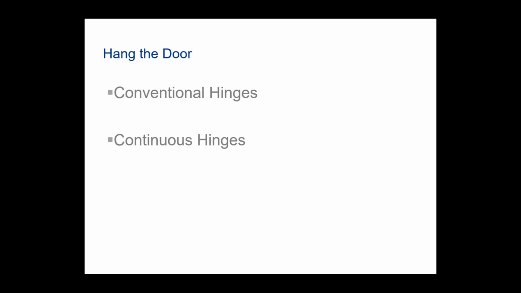So if you have a door that is heavy, such as a lead line door, maybe a 5-foot leaf that's hollow metal, that's 10 foot tall, you might want to think about using a continuous hinge or even pivots. Pivots allow you to put the load at the very bottom of the door.